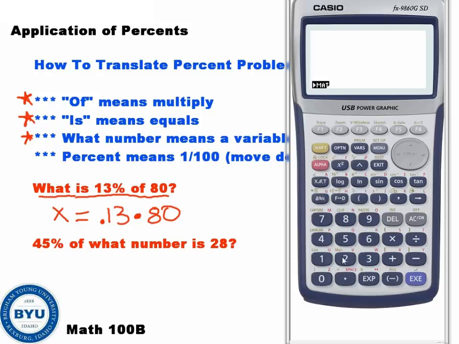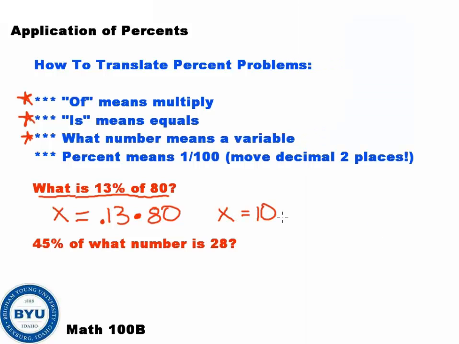So using our calculator here, we would do 0.13 times 80 and push the enter button, and we find out that x equals 10.4. So 13% of 80 is 10.4.